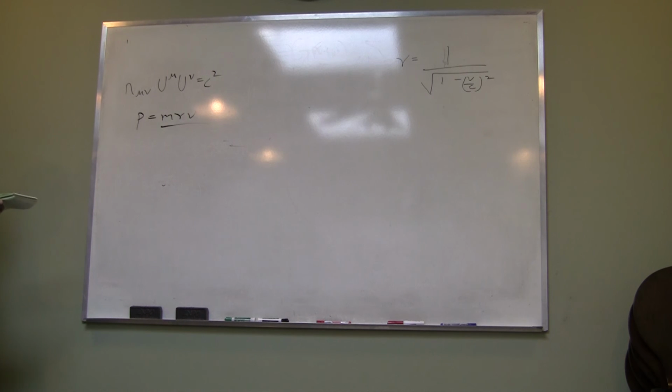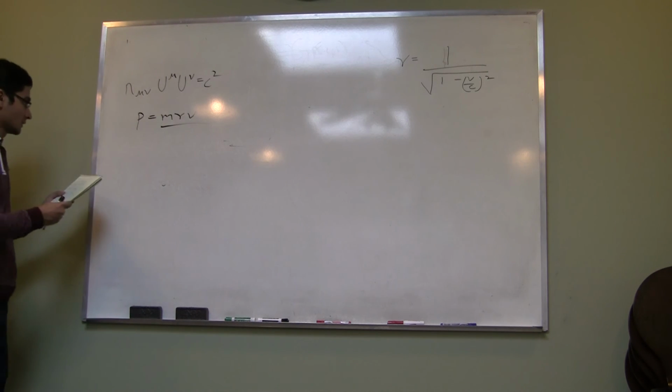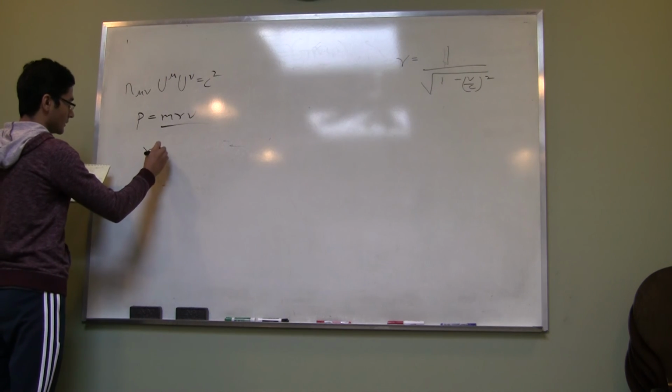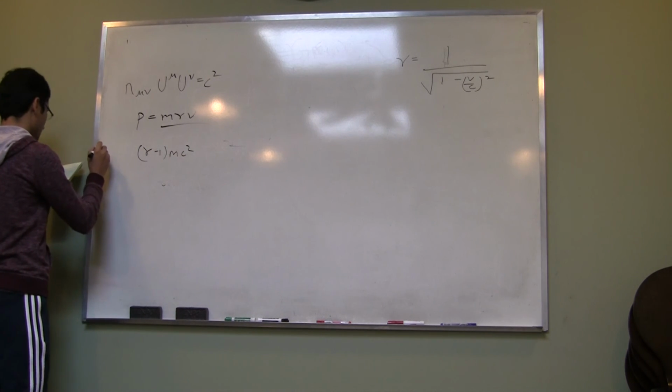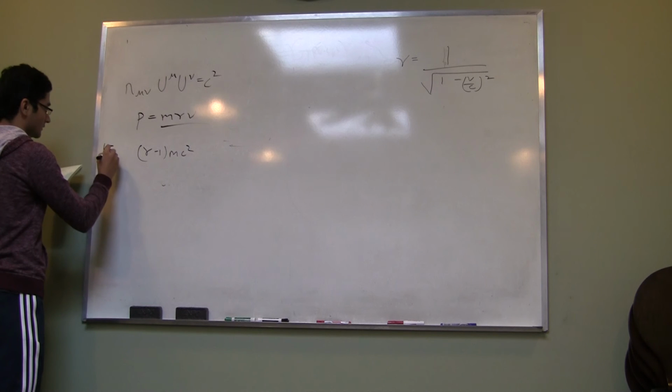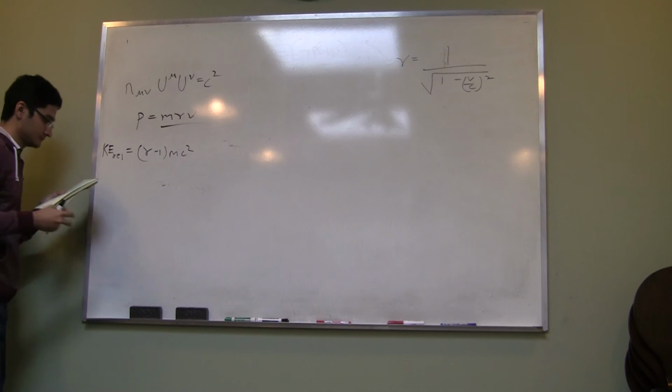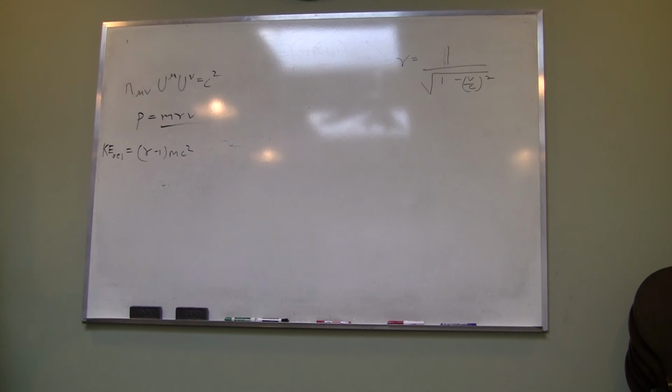Then they derive the relativistic kinetic energy, which comes down to gamma minus 1 times mc square. That book has a basic derivation. You have integration, but it's basic.